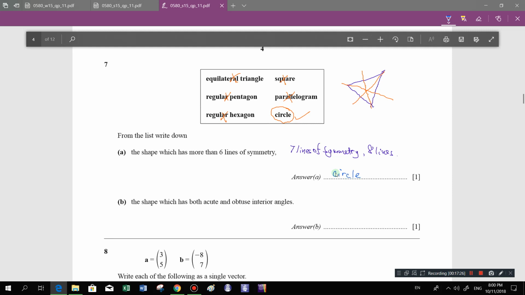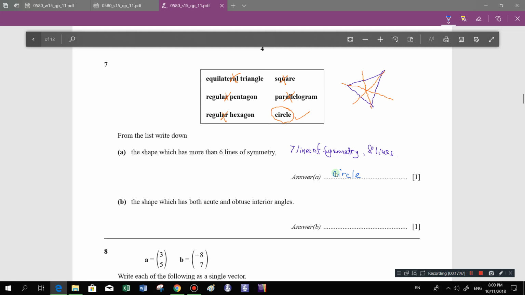Okay. Now next, the shape which has both acute and obtuse interior angles.